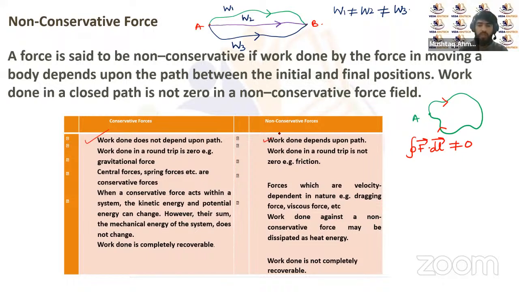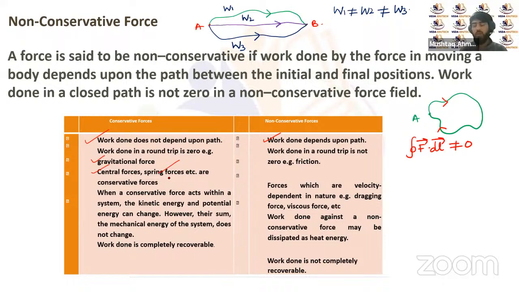The second point is that work done in a round trip, meaning work done in a closed path, is zero for conservative forces. For example, gravitational force is a conservative force, all central forces are conservative forces, and spring force is also a conservative force. These are some examples of conservative forces.